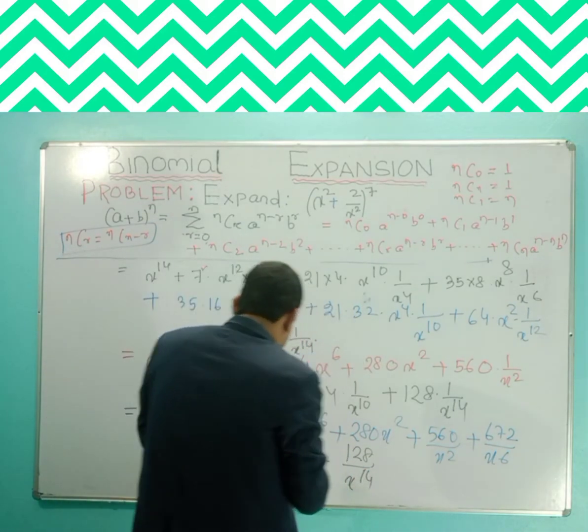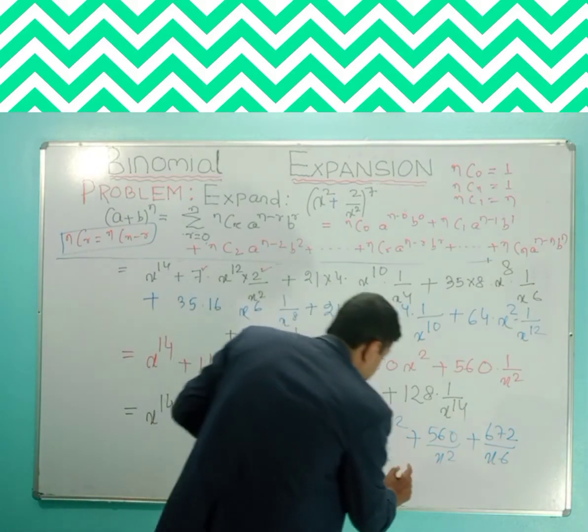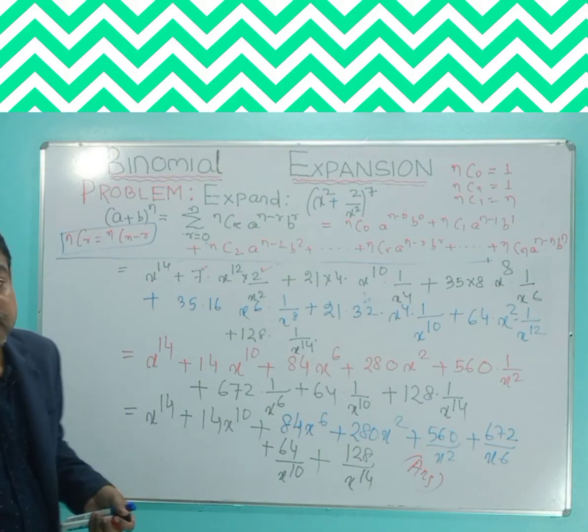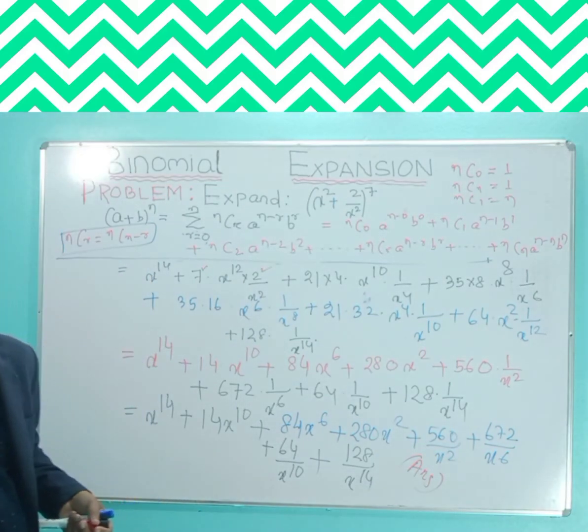This is the simplified form, okay, of the expansion of the binomial theorem. You can check of the expansion x square plus 2 upon x square whole to the power 7.